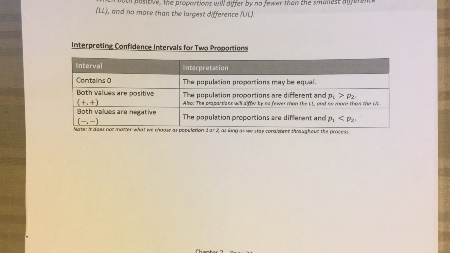If both values are negative, then P1 is less than P2. As we go through these problems, it doesn't matter which one we choose as population 1 and which as population 2, as long as we keep track of how we labeled each population.